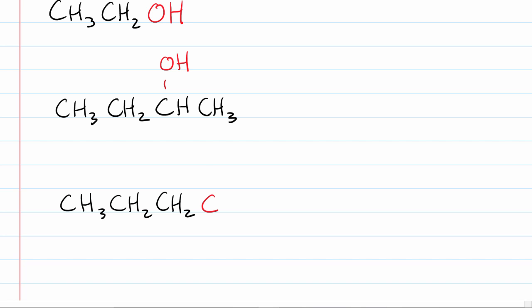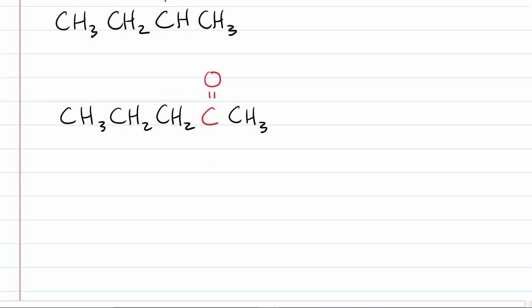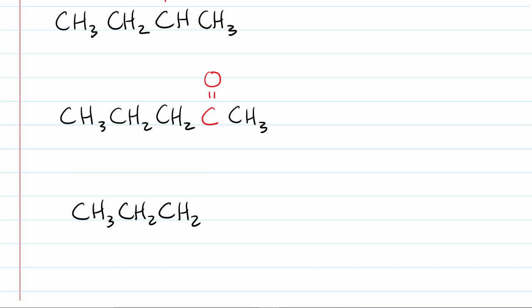Then we'll put this carbon double bonded to an oxygen in here, and the CH3. And then on our last one, we wanted to show the 4 carbons. We put in CH3, CH2, CH2. Then we have our carbon double bonded to an oxygen, and then the hydrogen.